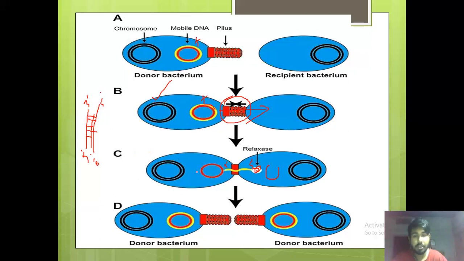Now DNA replication occurs in the donor bacterium, and DNA replication also occurs in the recipient bacterium after transfer. In the donor bacterium, the 3' to 5' strand acts as a template, and in the recipient bacterium, the transferred 5' to 3' strand acts as a template.